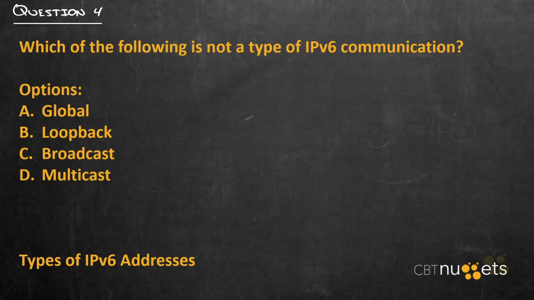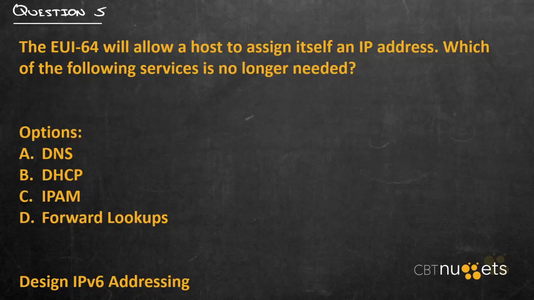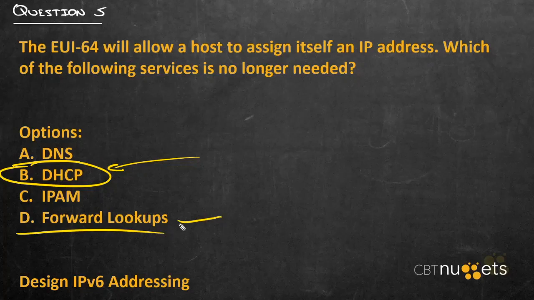So, question number 5. The EUI-64 will allow a host to assign itself an IPv6 address. Which of the following services is no longer needed in that case? The answer is B, DHCP services. DNS, forward lookups, this is a type of DNS request, definitely going to be something that's critical, especially with these massive names.